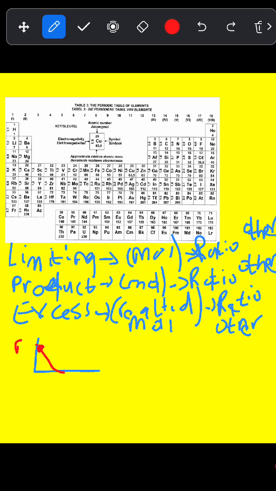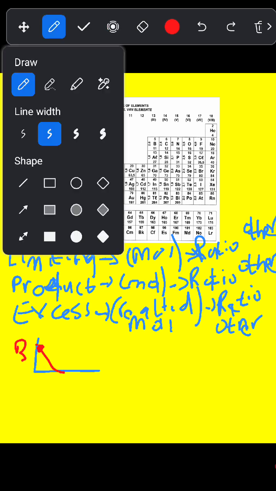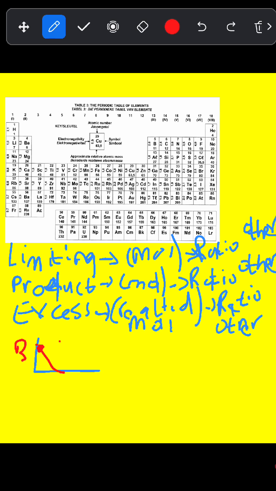If you have a substance called B, you start with a certain amount, then that amount decreases until it becomes zero. So this graph represents the graph of a limiting reagent. The substance will be called the limiting reagent.